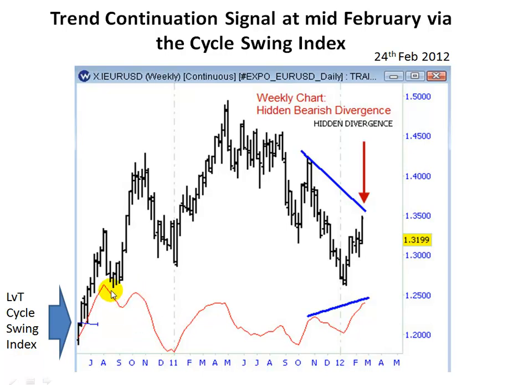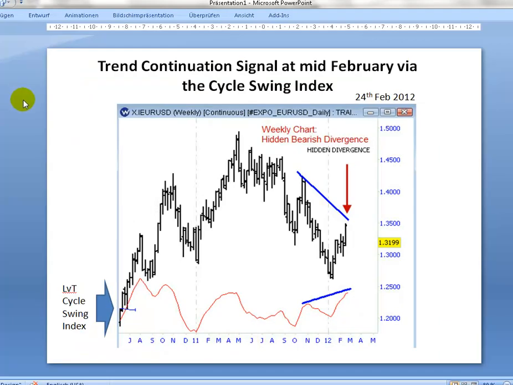But what's more important is that it will give you much more value if you look out for special situations. So the first situation, let's go over to get a better understanding of the cycle swing indicator. What you see here is a classic divergence, which I just want to highlight.